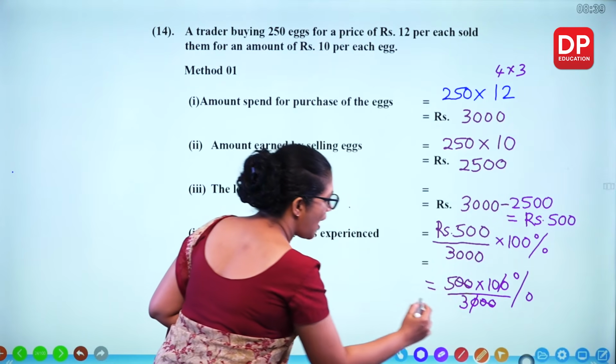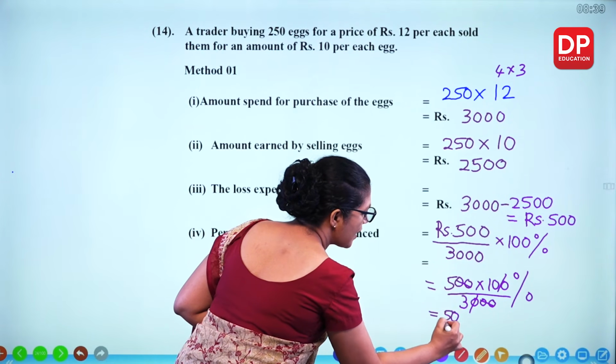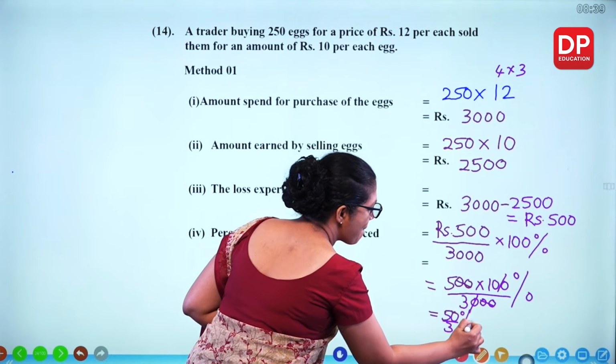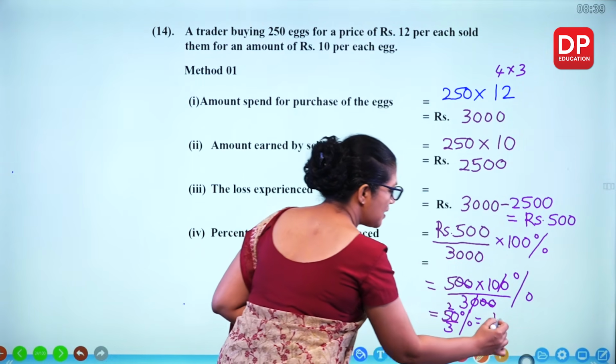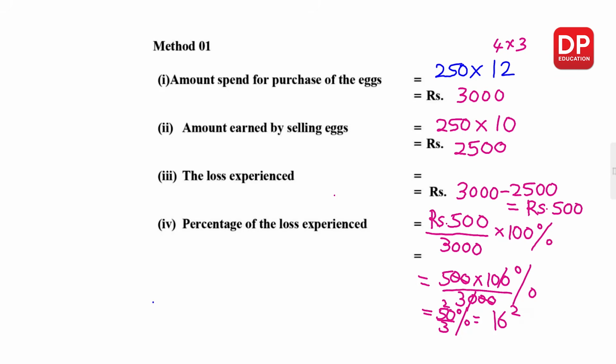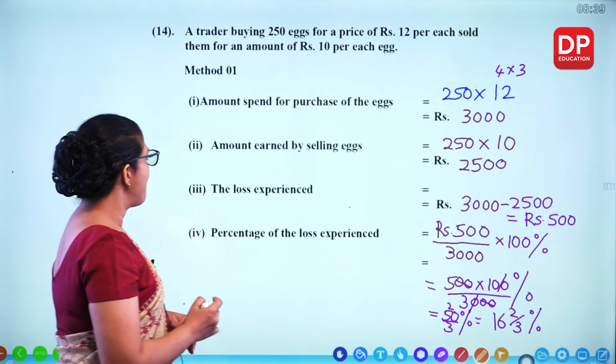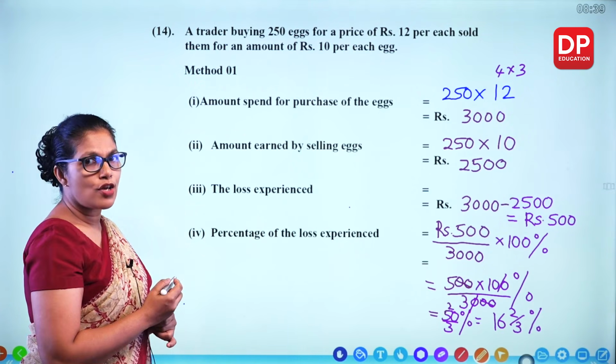So 50 divided by 3. Or I can write 3 times 1, 3. For 20, that's 6. So 16 2/3 is the percentage loss.